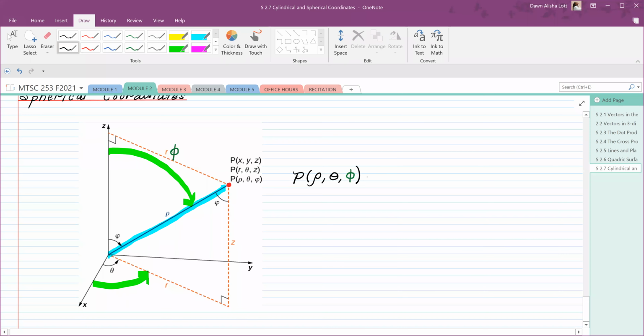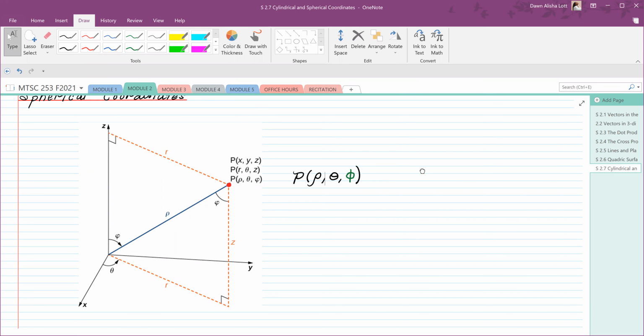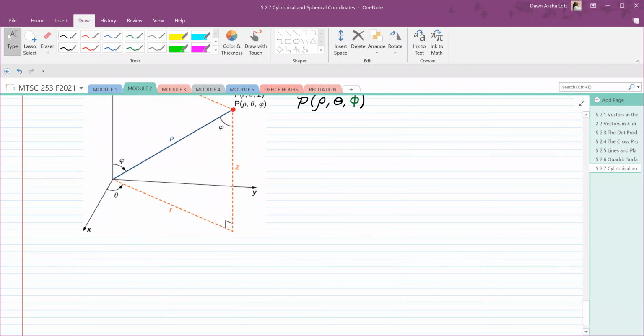Phi is how you sweep down to the point from the z-axis. So we have rho, theta, and then phi. Okay, any questions about that? No. Okay, so now here are our matchups.